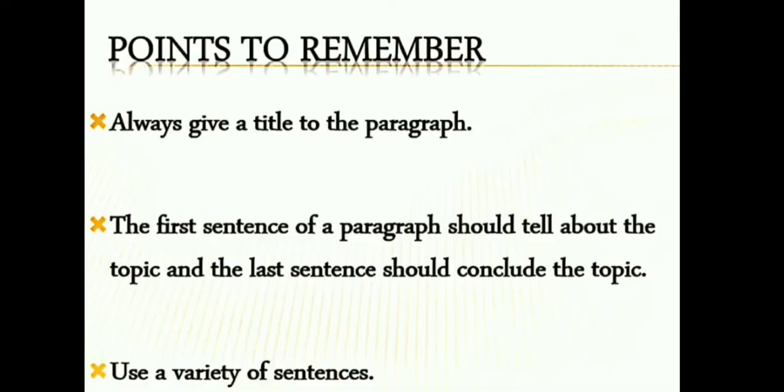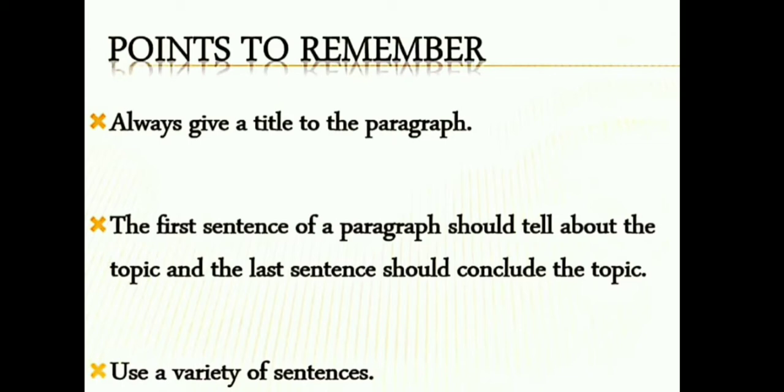Now, some important points which should be remembered while writing a paragraph. The first one is to always give a title to the paragraph. The next one, the first sentence of a paragraph should tell about the topic and the last sentence should conclude the topic.